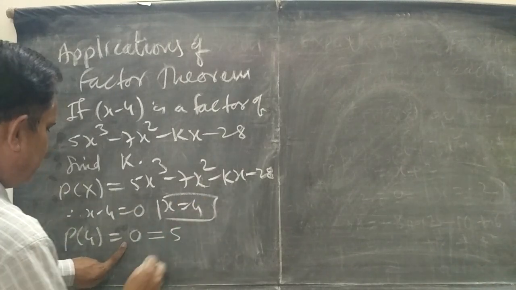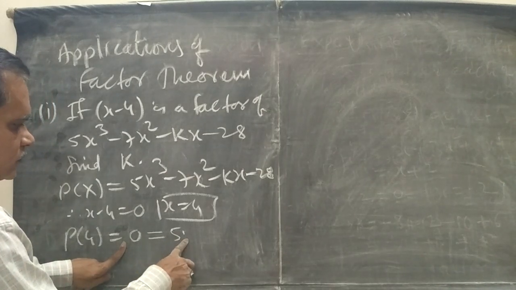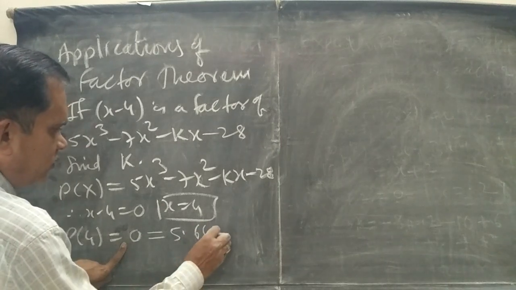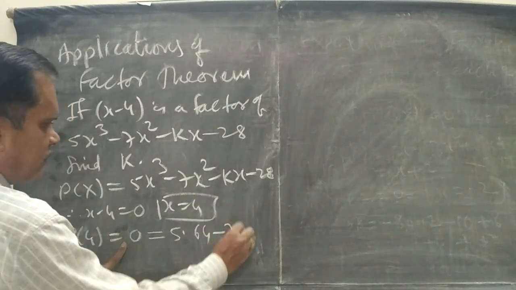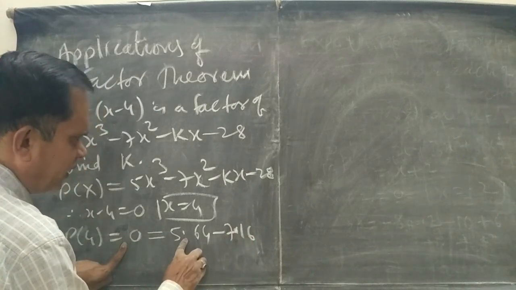Now we are writing this. 4 cube is 64, 4 square is 16. Multiply signs properly.